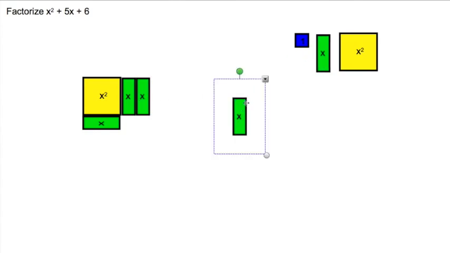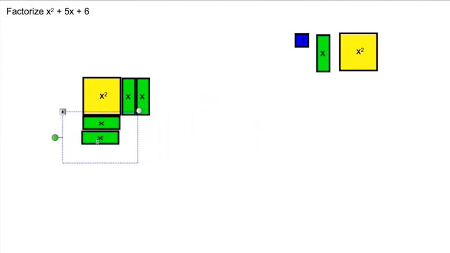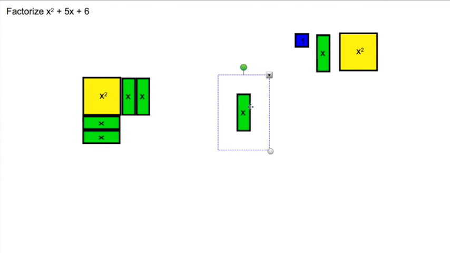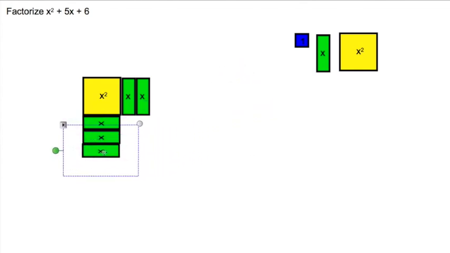And what I need to do is rearrange these tiles so that they all fit to form a rectangle. And the only way I can do it is to move them around something like this. So then there was my 5x and here's my 6. 1, 2, 3, 4, 5, 6.